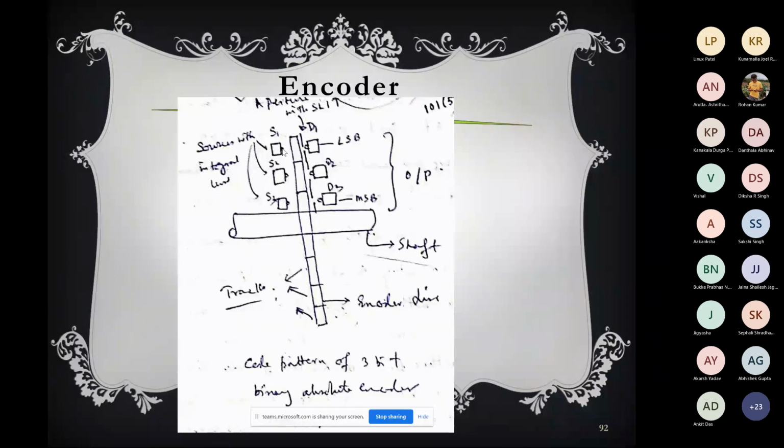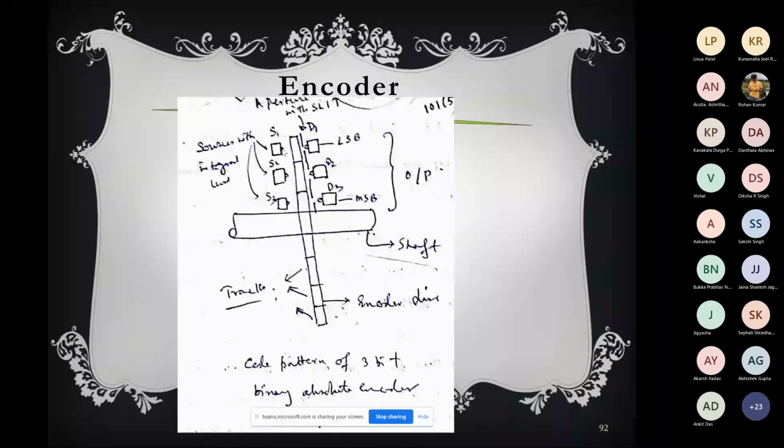If you provide the lens and aperture, the light will be focused directly on the track. Otherwise, if you don't have the lens and aperture mechanism, the light will diffuse, and the light for track 1 will go to track 2 and so on. So it will be very difficult to get accuracy. So each light source has a lens system and an aperture, so that it can only focus on the corresponding track.